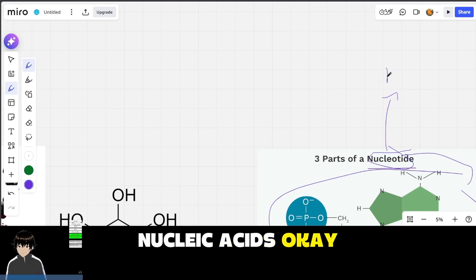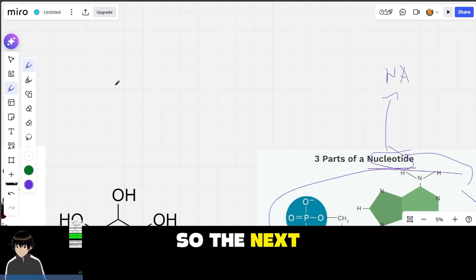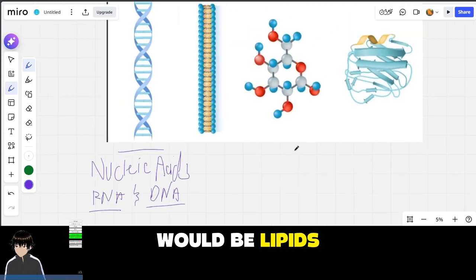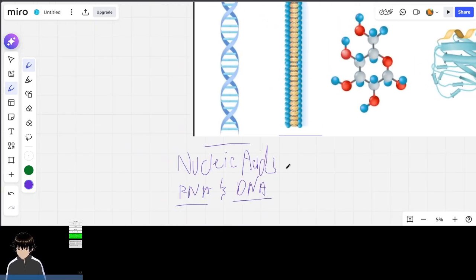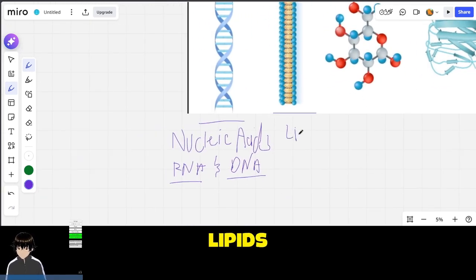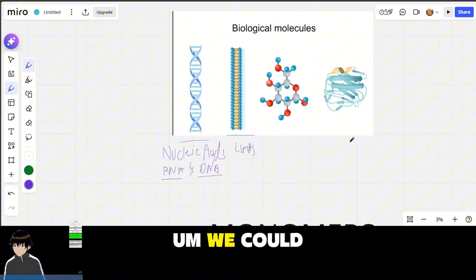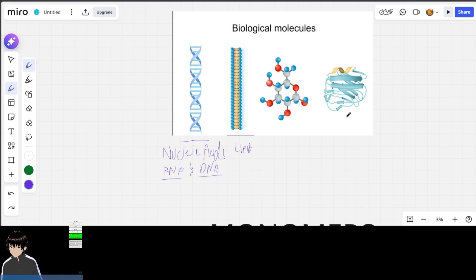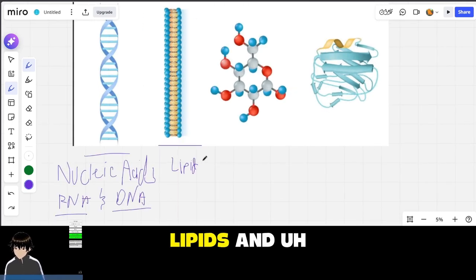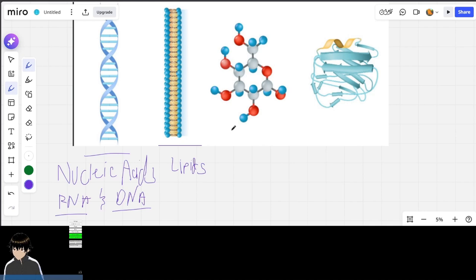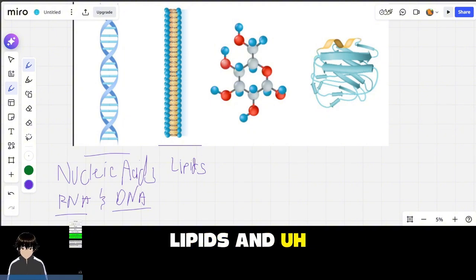Okay, so the next would be lipids. So what are lipids? Okay, we could sort of make a connection with lipids and carbohydrates.